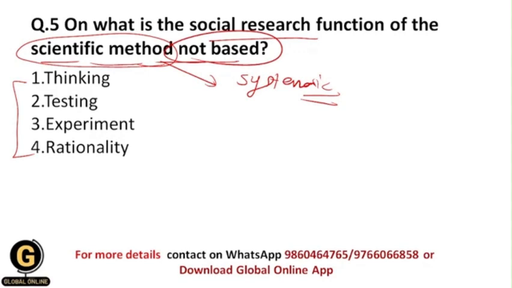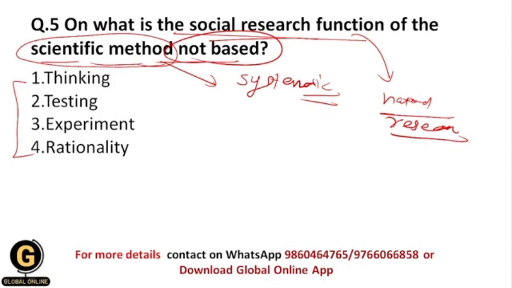The social research function is similar to the natural research function. Social research function means that here we are studying the society, the interaction of human behavior with the society.